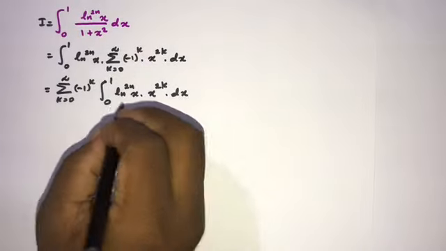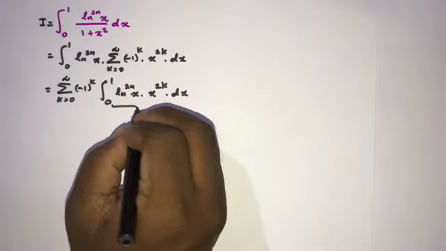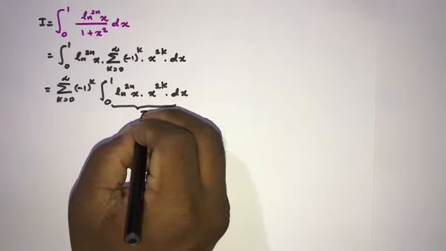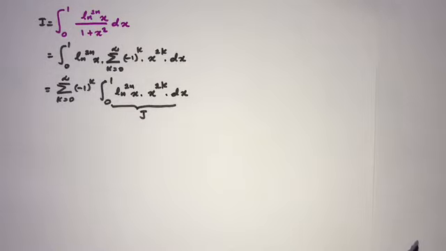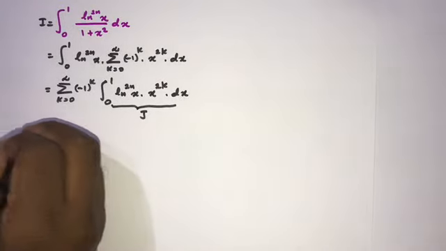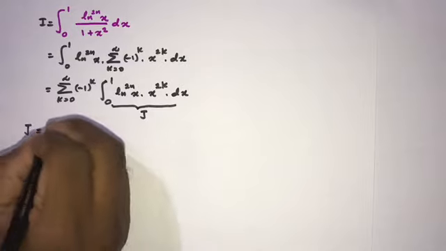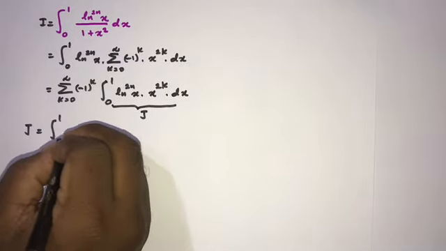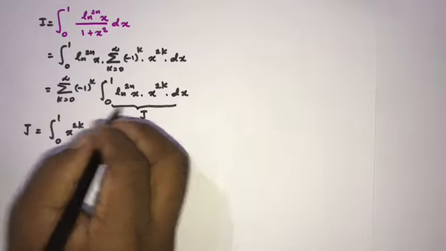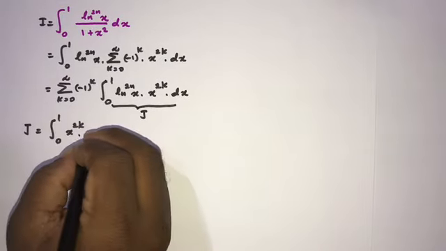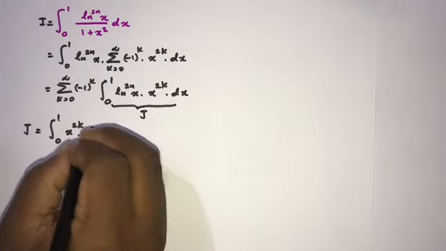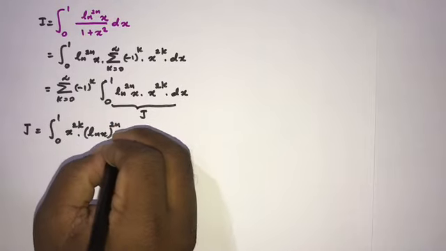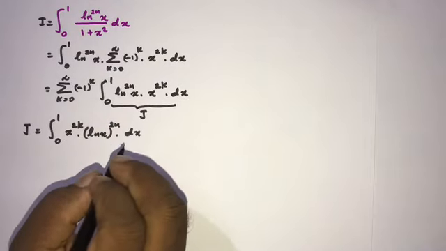Then we take this integral to be J, and now we are going to evaluate J. So J is equal to the integral from 0 to 1 of x to the 2k times natural log of x raised to the 2n power dx.